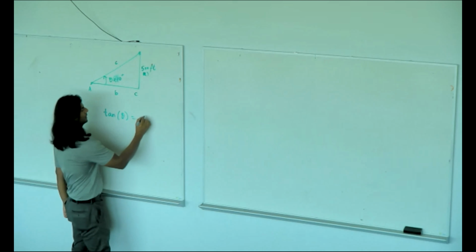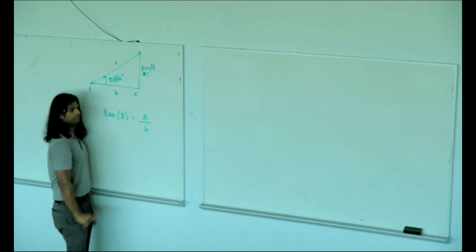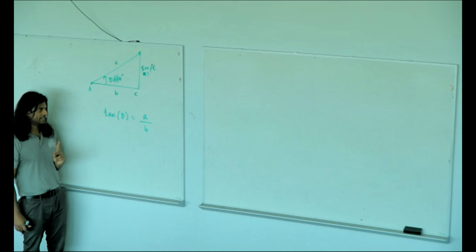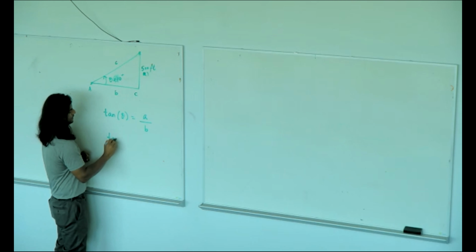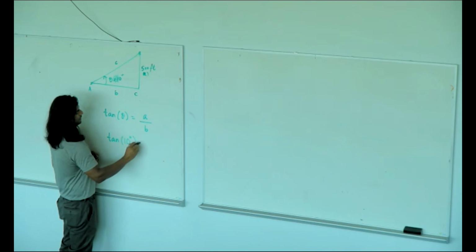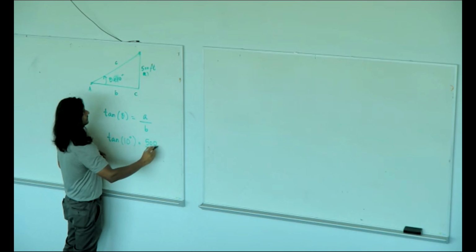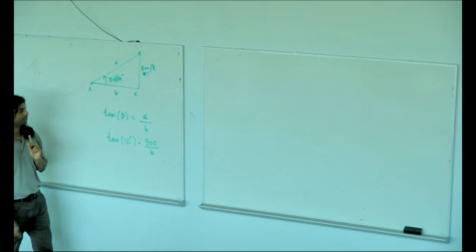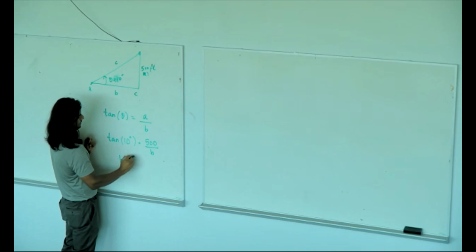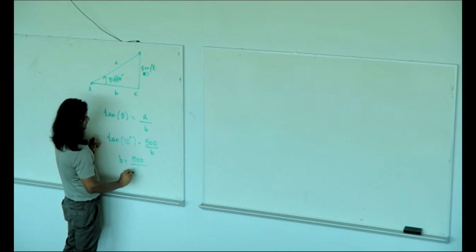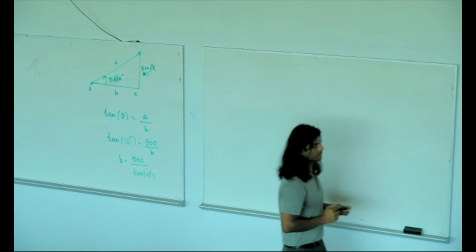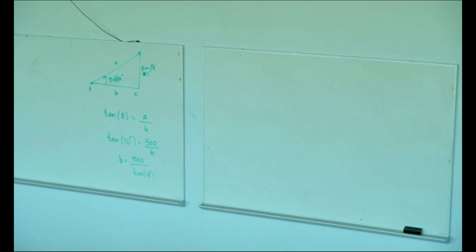Tangent is simply A divided by B. We know theta is 10 degrees. I know that A is 500, so 500 divided by B. Make sure you set it in degrees, or at least multiply by pi over 180 if you're using radian mode.